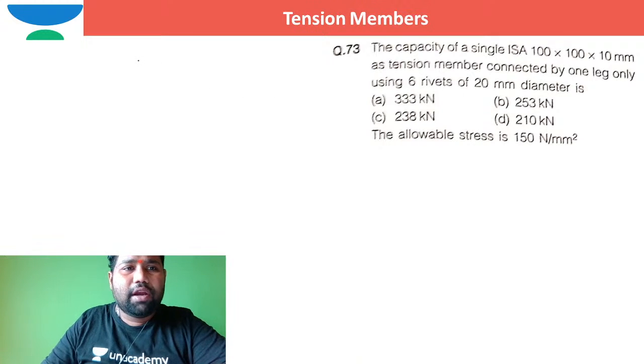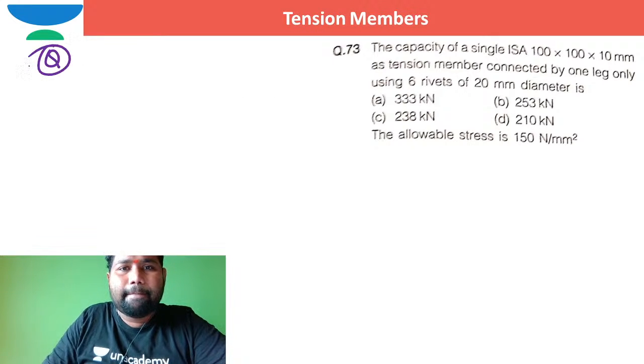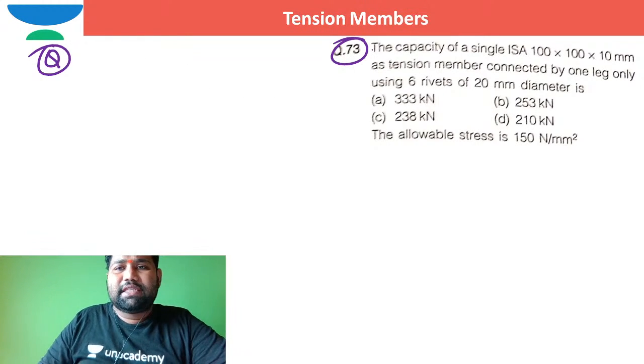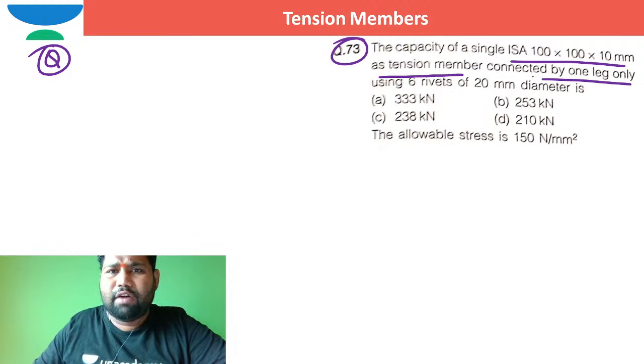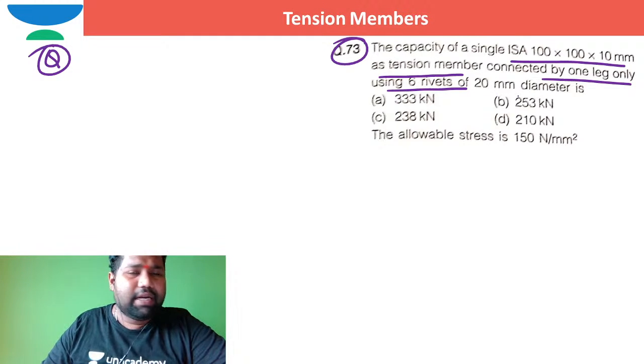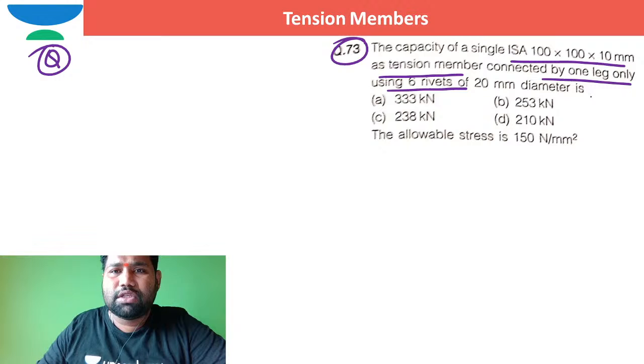I hope you are able to see this question. The capacity of a single angle, as a tension member connected by one leg using 6 rivets of 20 millimeter diameter. They are saying the allowable stress.